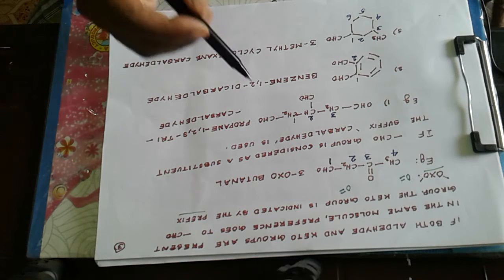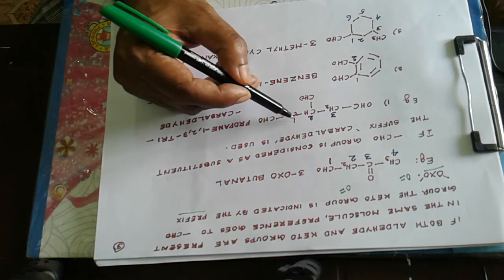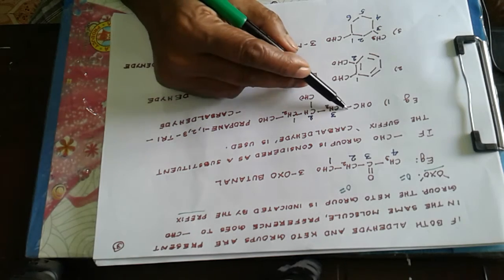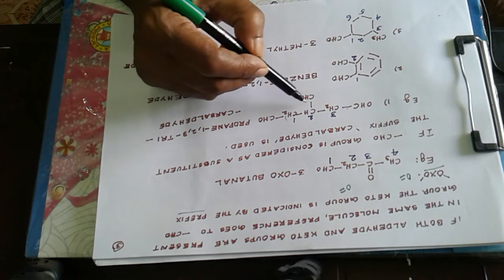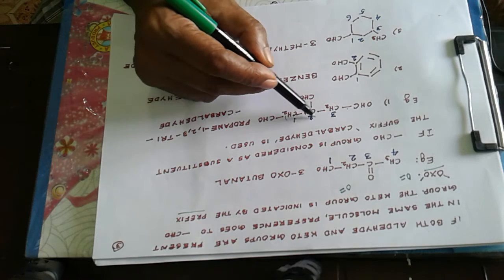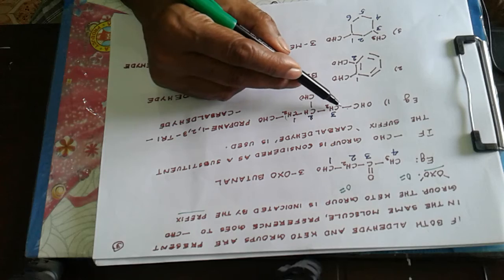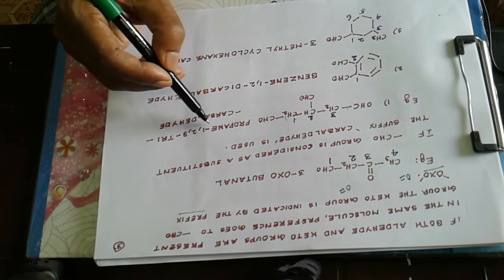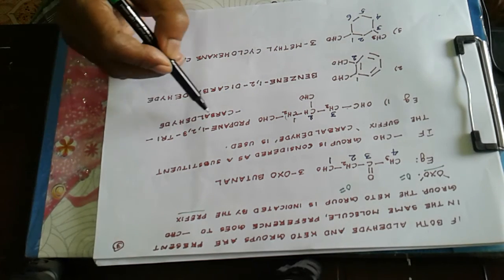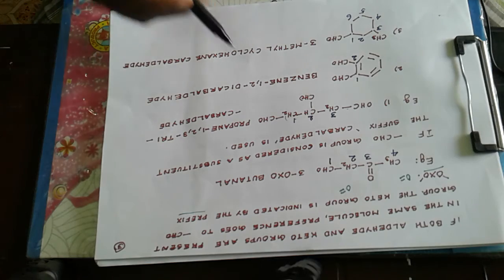Now an example given here is 3 aldehyde groups connected to a propane parent, 1, 2, 3. On 1 there is CHO, on 2 there is CHO, on 3 there is CHO. So the parent is propane, 1,2,3-tricarbaldehyde. So we are not numbering the CHO groups.